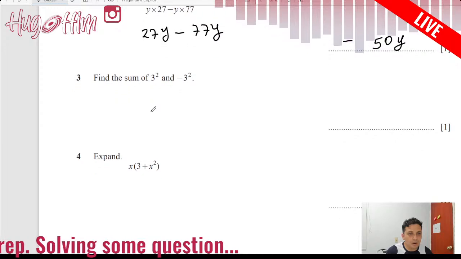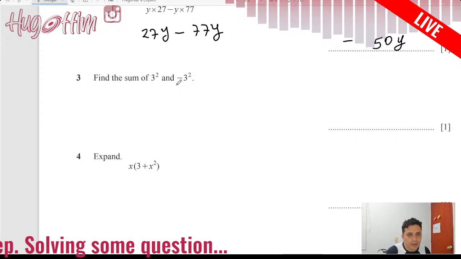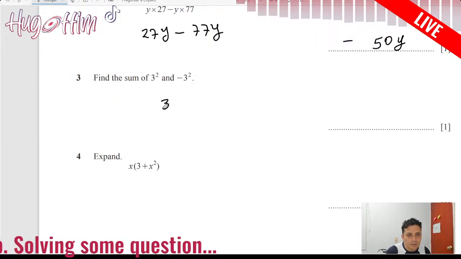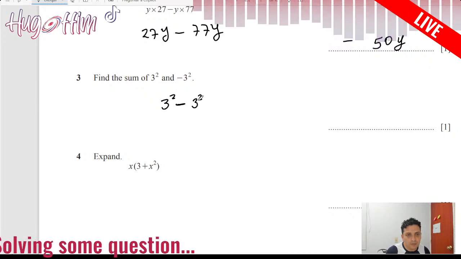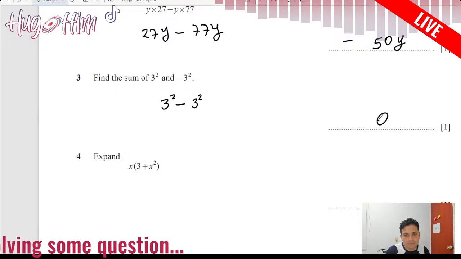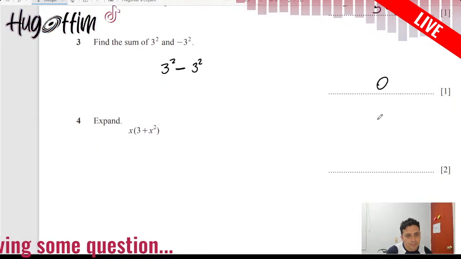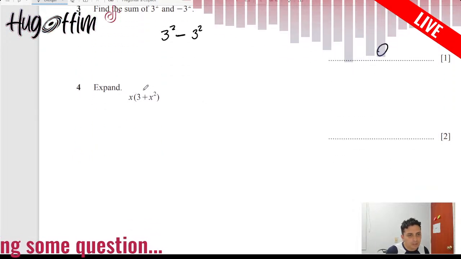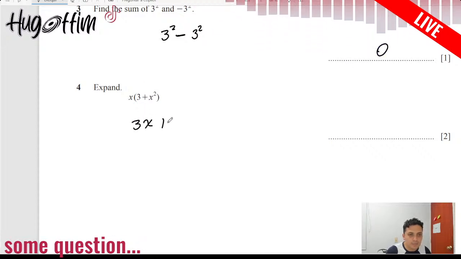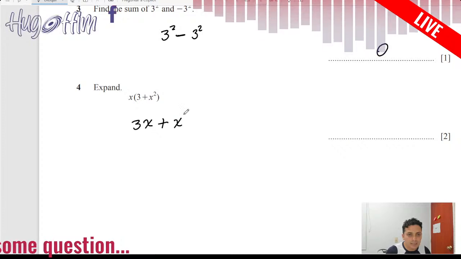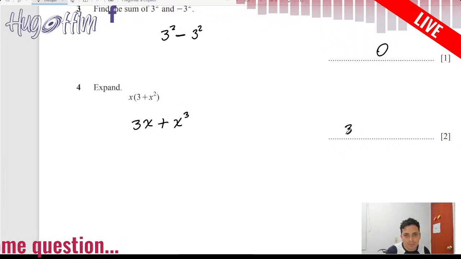Find the sum of 3 squared and minus 3 squared. 3 squared minus 3 squared is going to give you 0. Expand, just break the parentheses. So 3x plus x cubed.